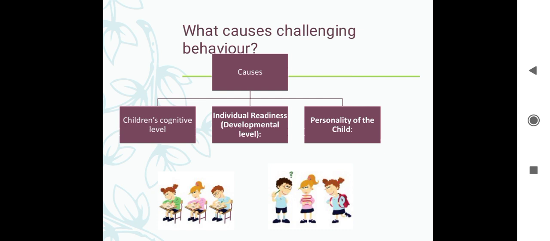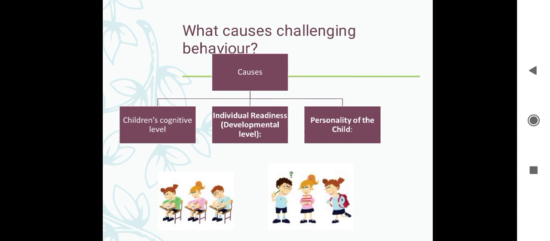It means they are not going against the rules and the instruction by you, by parents, or by brothers or elder sister. It's just because they do not understand. They are not at the level of being able to understand that instruction because of their cognitive level, their thinking, their maturity.